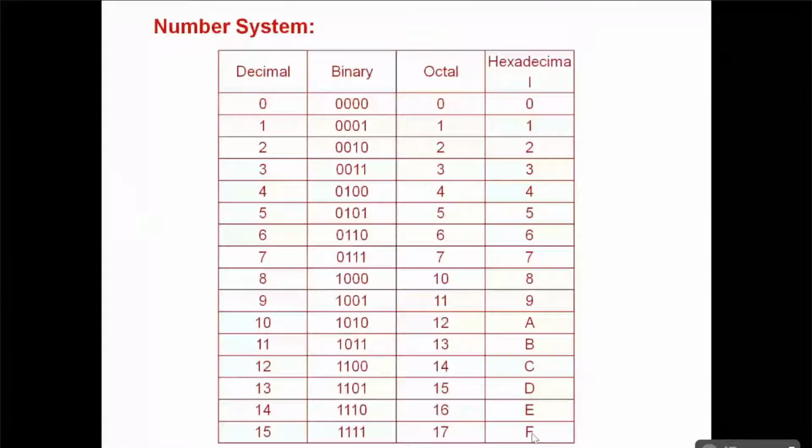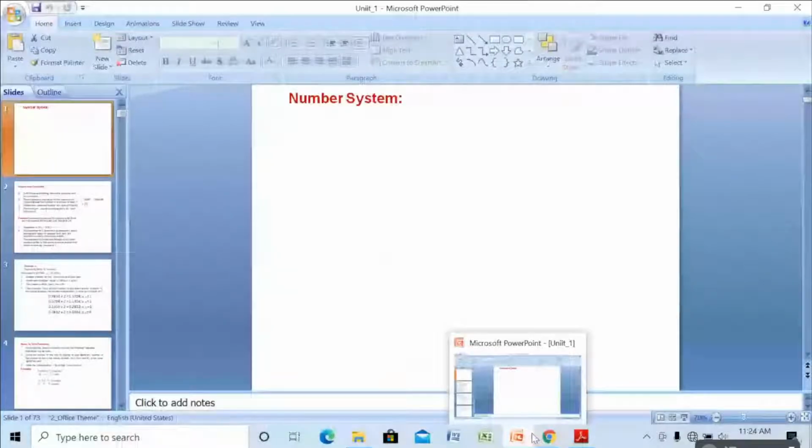Then we are going to discuss how we can convert from one number system to another number system. We are going to discuss the conversion process, the fundamental procedure to convert from one number system to another. So the first one is decimal to binary conversion.